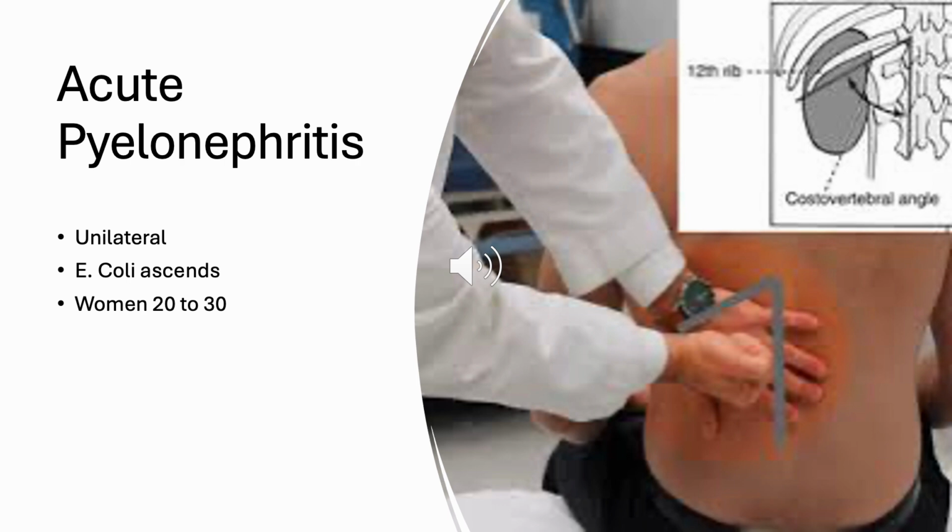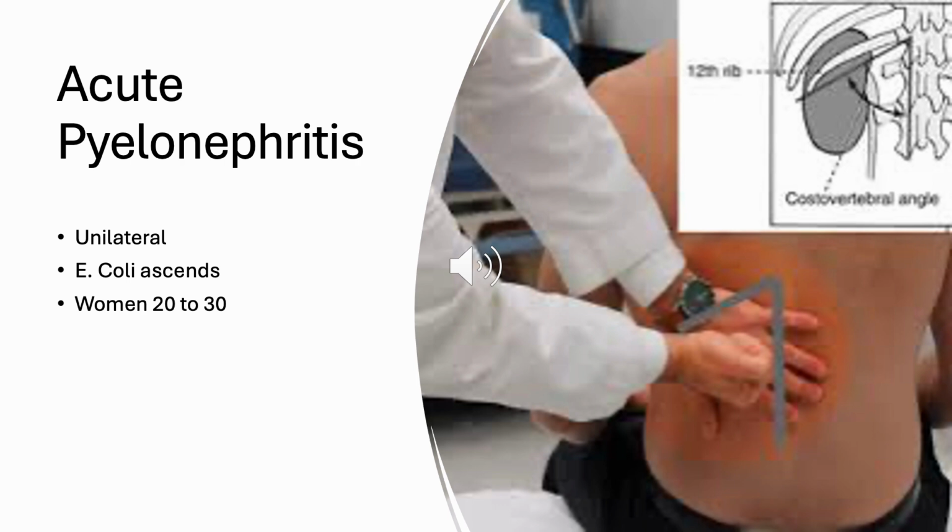Now there is also a chronic version of pyelonephritis, and a chronic version of glomerulonephritis, which we'll talk about next. Also, polycystic kidney disease, which I haven't talked about yet, also becomes chronic. All the chronic conditions end up with chronic kidney disease.